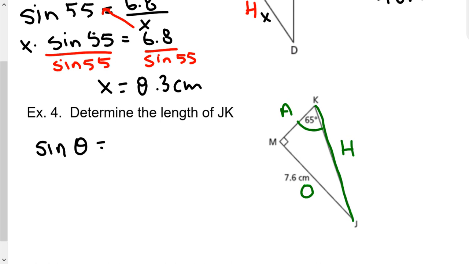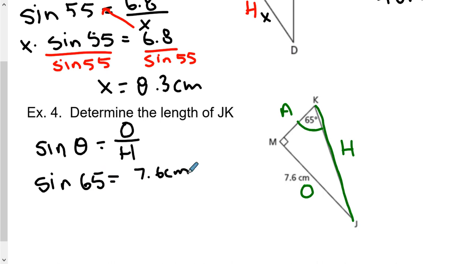Sine theta, because we have the opposite and we want the hypotenuse, so this is the only ratio involving both. Plug in my values: my angle of 65 degrees gives me 7.6 as my numerator, and x, our unknown, length JK, on the bottom.